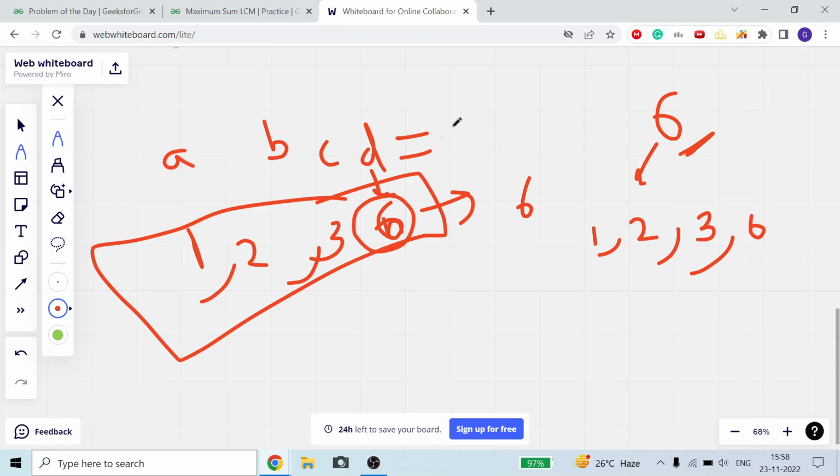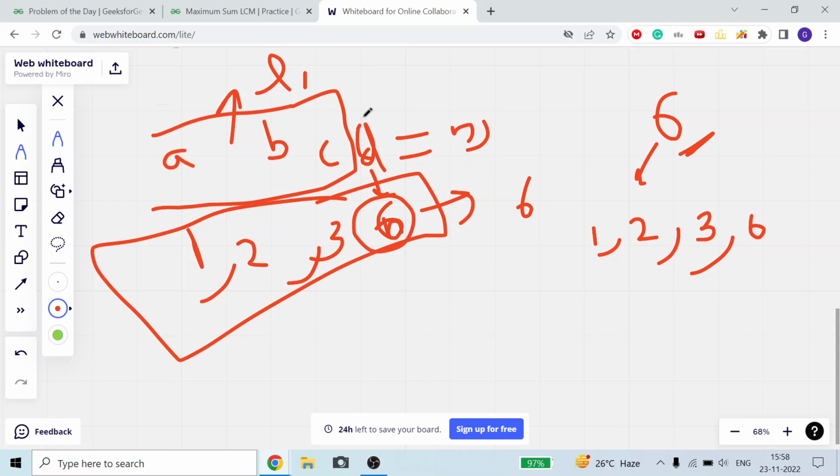Suppose the LCM of the first numbers A to C, which all divide 6, is L1, and the LCM including D is L2. I know L1 will always be less than or equal to L2.